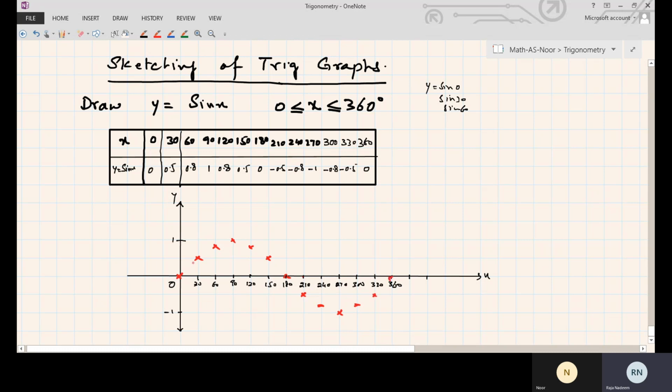When you draw a smooth curve passing through all the points, then you'll be able to get the graph of y is equal to sine of x. This is a wave. We call it one complete wave.